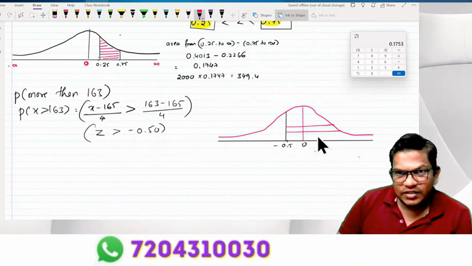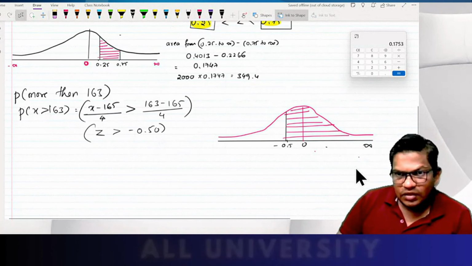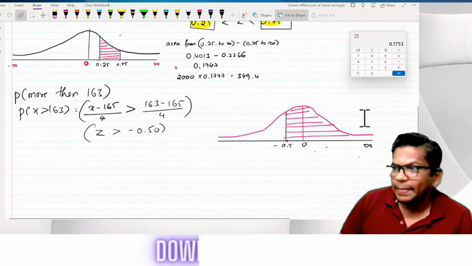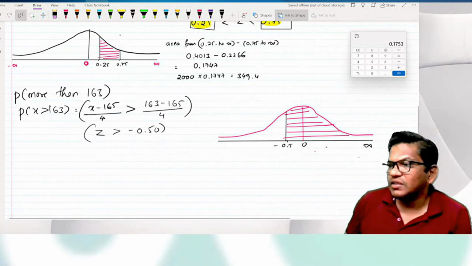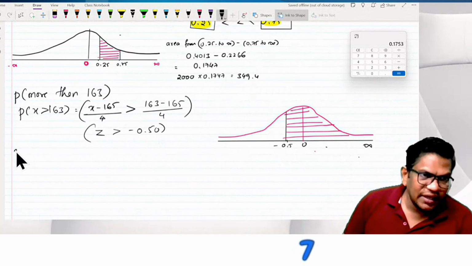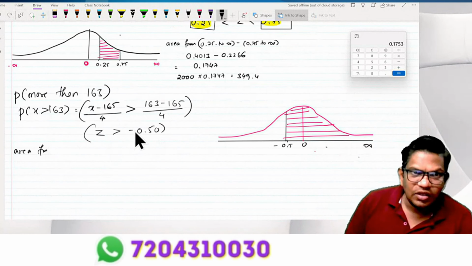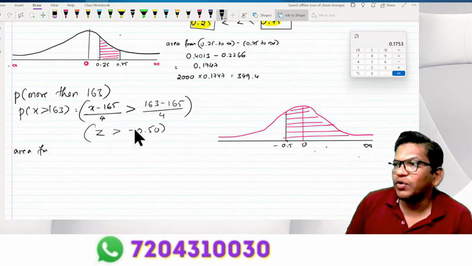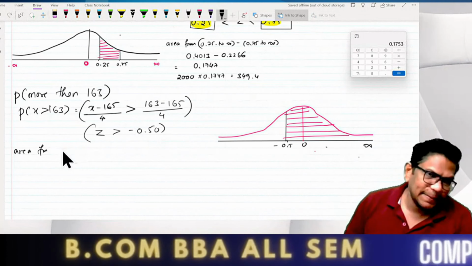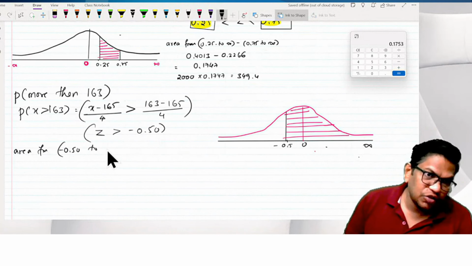Take this area till infinity. Correct? Now, what is next? Since it's the positive side, the area is from minus 0.5 to infinity.